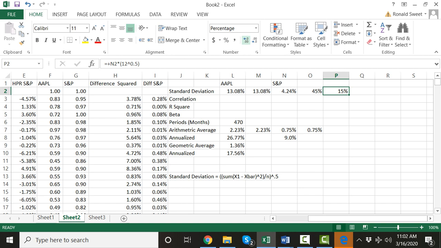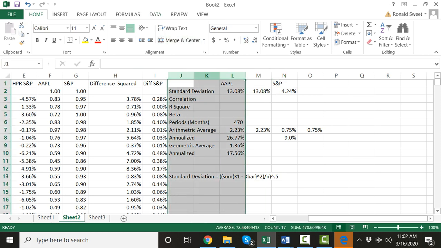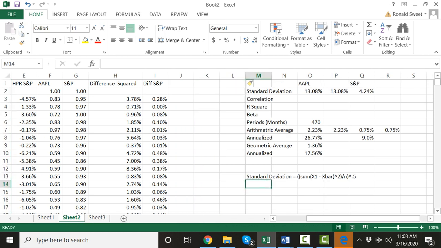All right, so we've got our standard deviation. Now, what is correlation? I'm going to add 3 columns, and let's look at the formula for correlation. It's very similar to the standard deviation formula. You start with a sum.